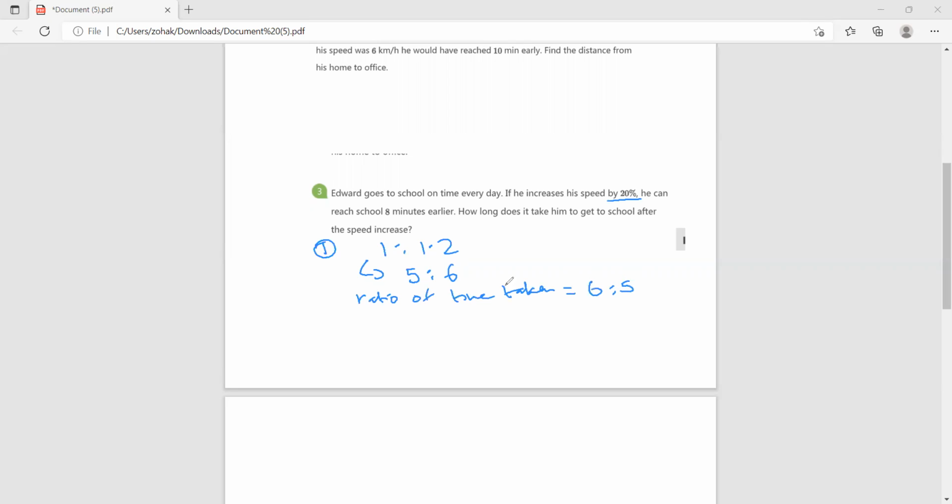We know the time difference is 8 minutes, so we know that one part is equal to 8 minutes, and the part that we're trying to work out is after the speed increase. So this is the part that we're going to work out. So because we know that one part is equal to 8 minutes, we can just do 5 multiplied by 8, which is equal to 40 minutes. Okay, so your answer for this one should indeed have been 40 minutes.